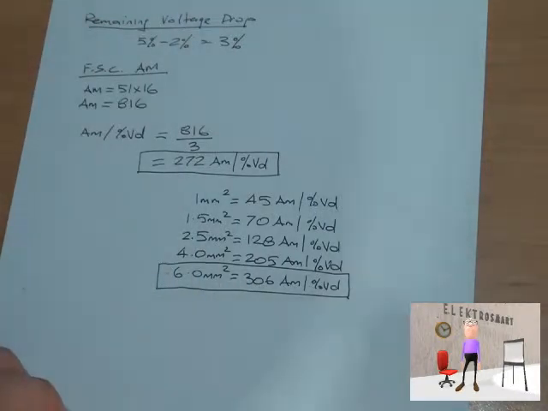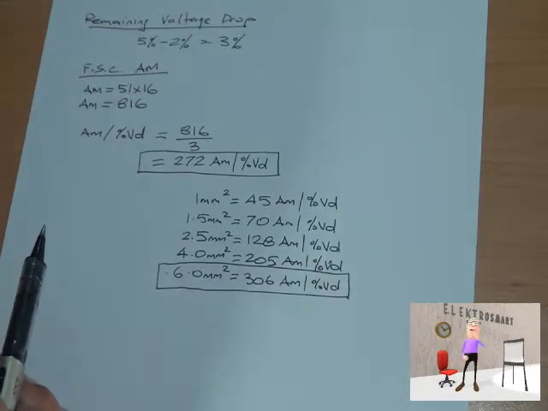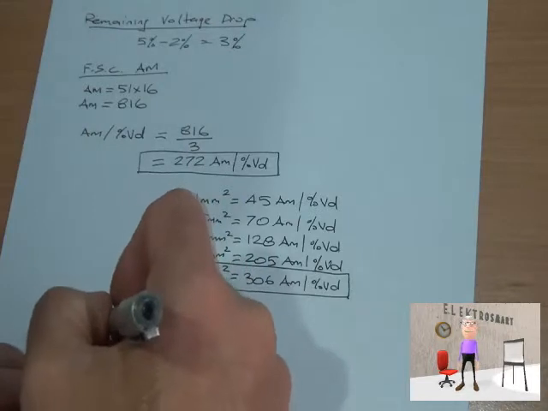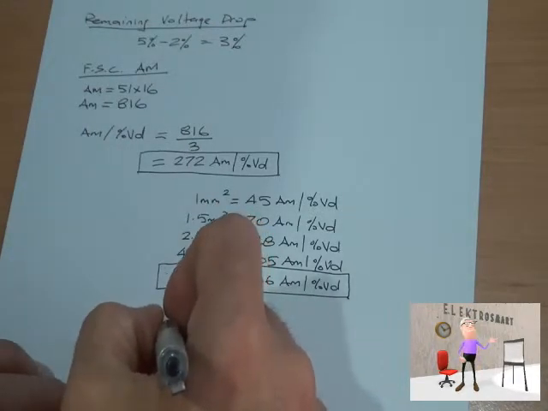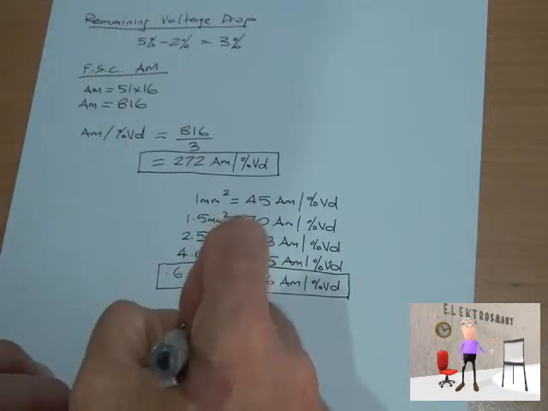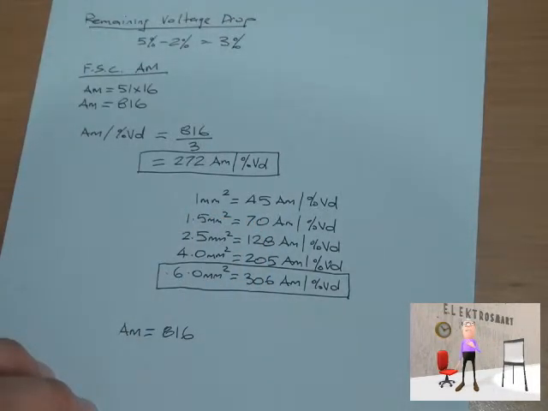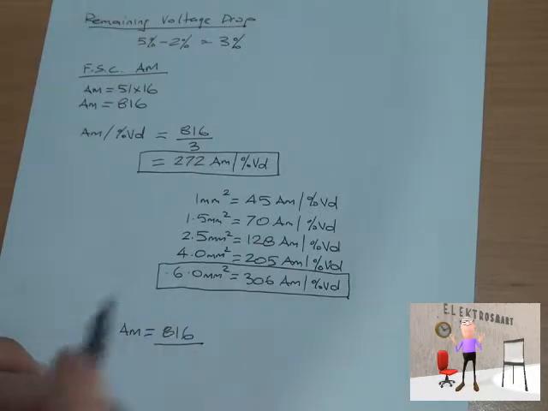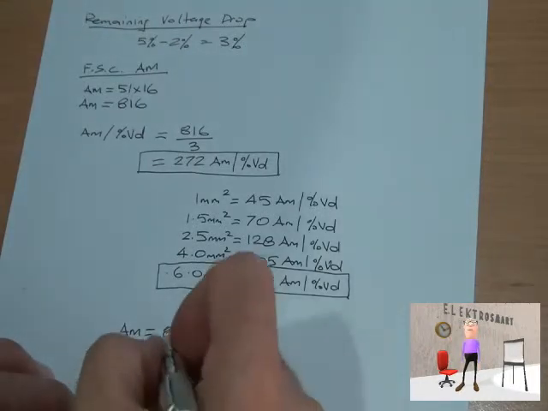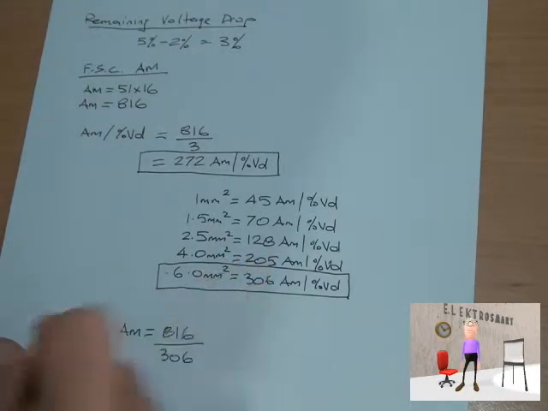So all we do is we work out the actual amp meters for the circuit, which we already have, is 816. So we've got 816 amp meters for our circuit. We divide that by the amp meters per percentage voltage drop for the cable, which is 306.